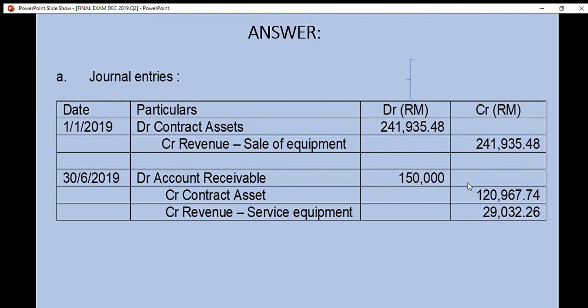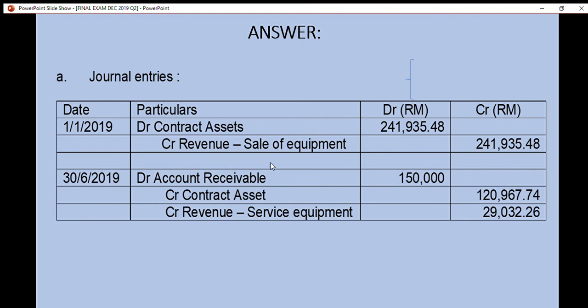So we offset by 6 over 12 months, since only half of the performance obligation has been satisfied. That's why we credit half of the contract asset, amounted to this one.